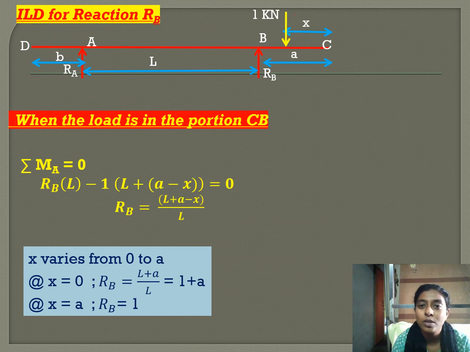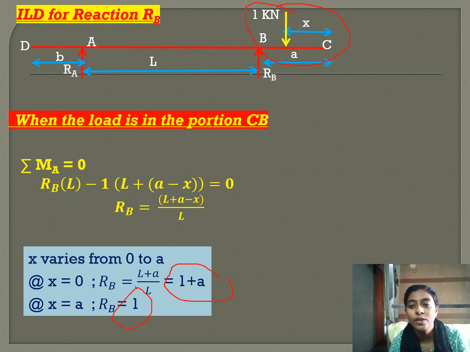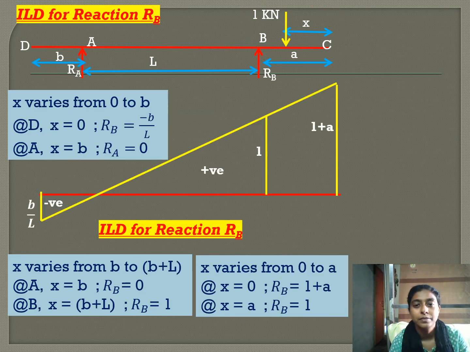Now when the unit load is in the portion BC, the values for RB are from 1 plus A to 1. Now we will draw the influence line diagram. First case, when x varies from 0 to B, the values are minus B by L and 0.